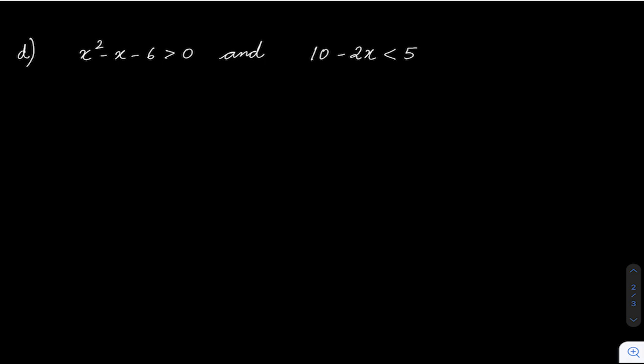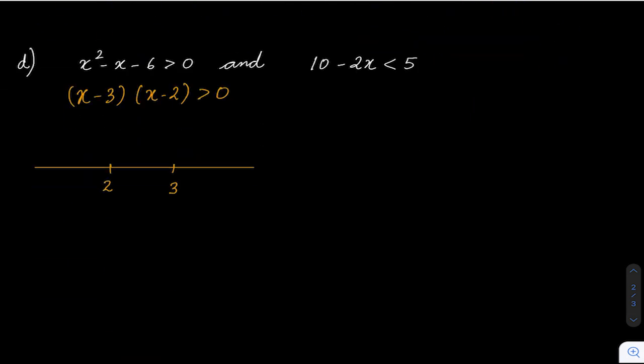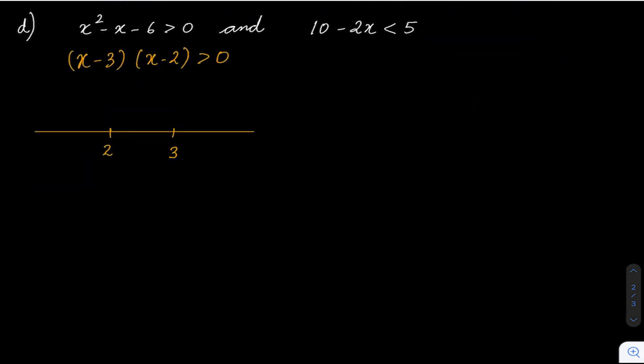So the first inequality is a quadratic, so I can make factors. This is 6, so 3 and 2, it's greater than 0. So again, we'll quickly draw a simple graph. This is 2, this is 3. Opening upwards, so it will be something like this.